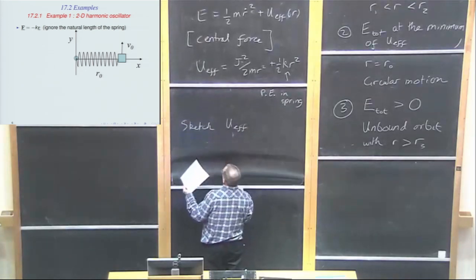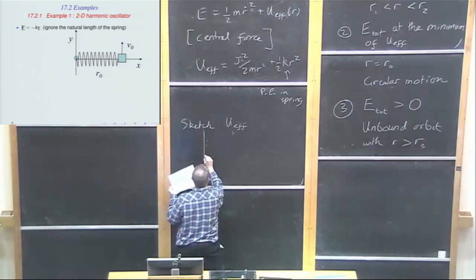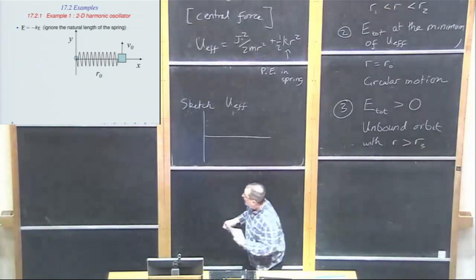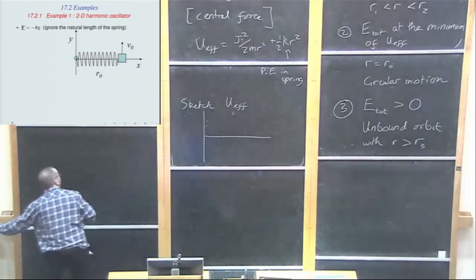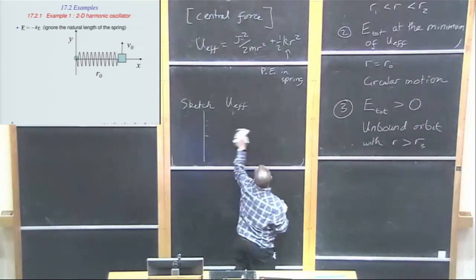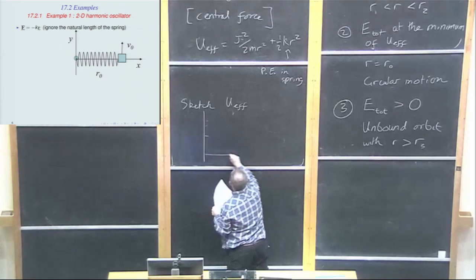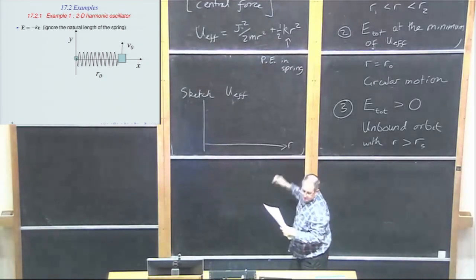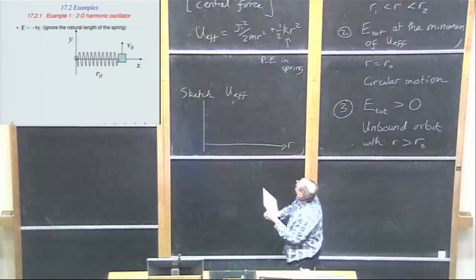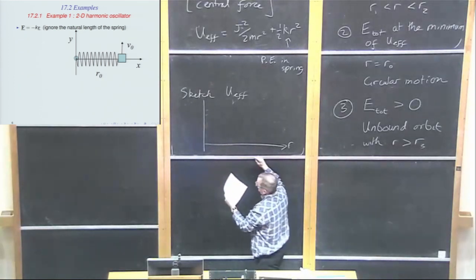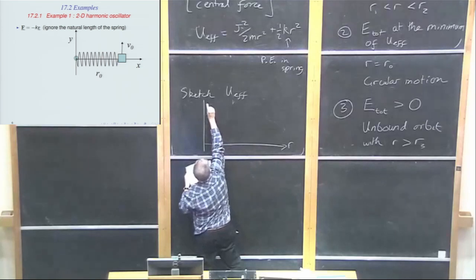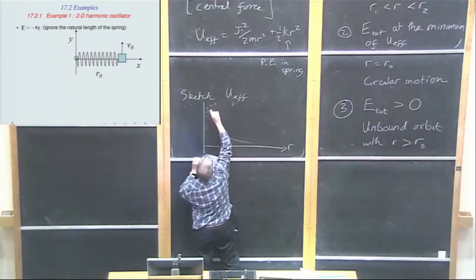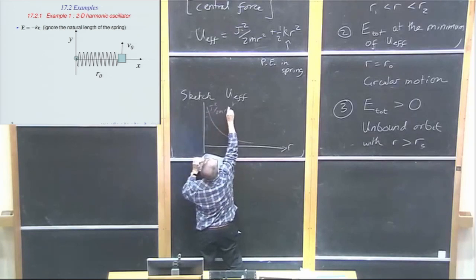Okay. So I think I can do it here. So once more, actually, we won't need the negative part of the axis. So let's do it. So once more, we're going to have the j squared over 2mr squared bit, which is going to be falling here. This is the j squared over 2mr squared.